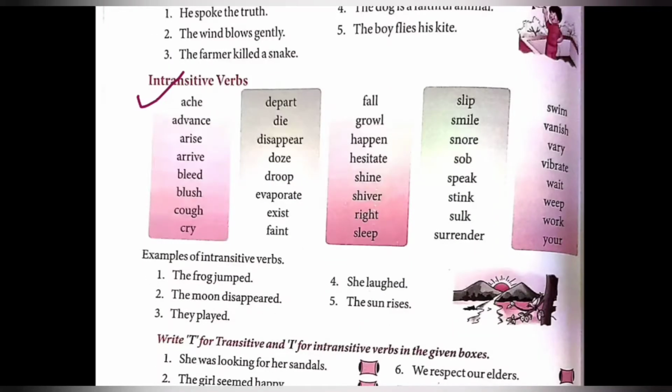You have to read the full list of intransitive verbs. Examples of intransitive verbs. The frog jumped. She laughed. The moon disappeared. The sun rises. They played. So all of these are intransitive verbs. The verbs jumped, laughed, disappeared, rises, played do not need any object. So they are intransitive verbs.